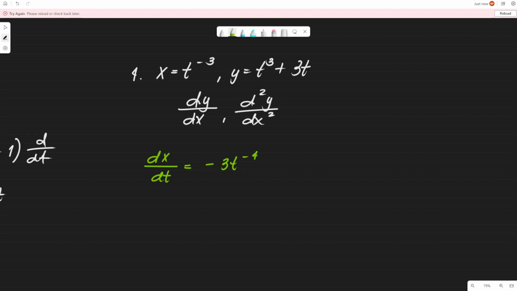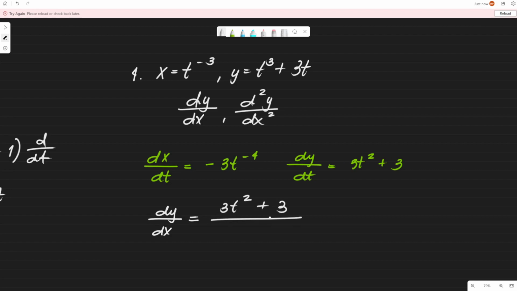By this time, we should be quick with basic derivatives. Then dy over dt is 3t squared plus 3. So let's get dy over dx: 3t squared plus 3 over negative 3t raised to negative 4.